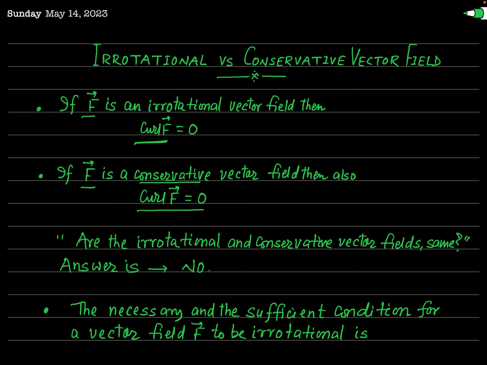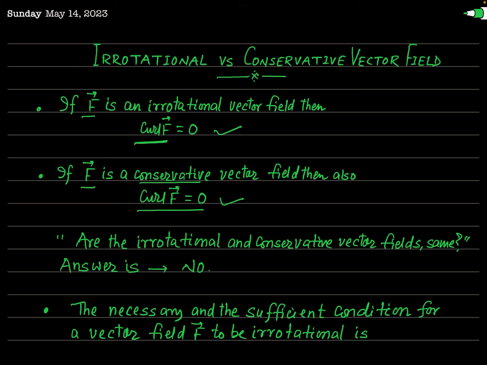So when f is irrotational, curl f is 0. When f is conservative, then again curl f is 0. So a question arises: are the irrotational and the conservative vector fields the same, because these two conditions are the same?